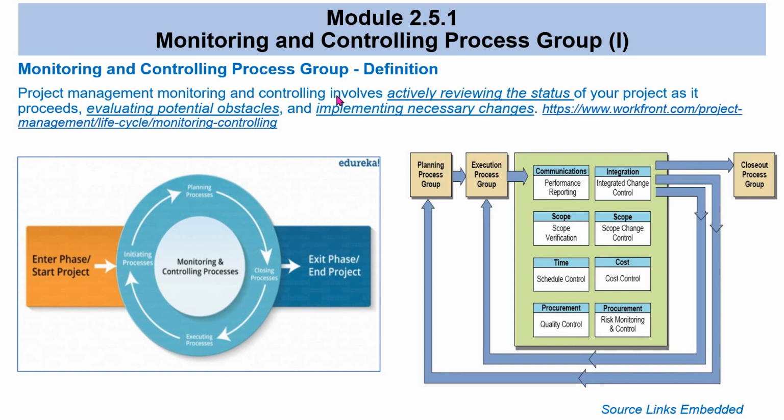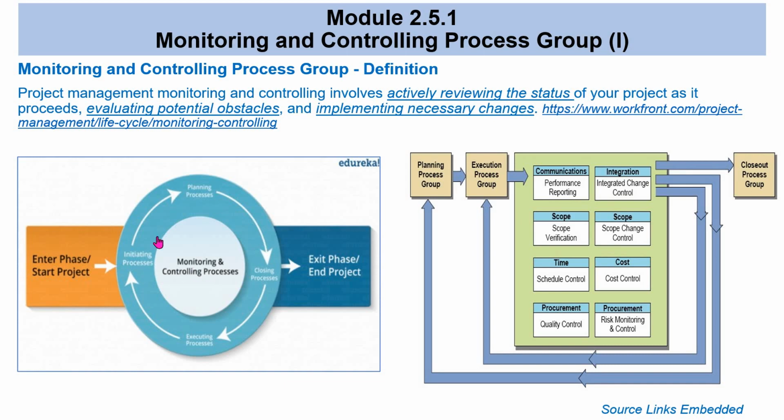So project monitoring and controlling involves actively reviewing the status of your project as it proceeds. You have to evaluate potential obstacles, and when you identify them, you have to implement necessary changes. So it's a loop, actually.